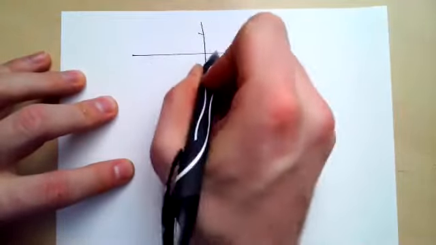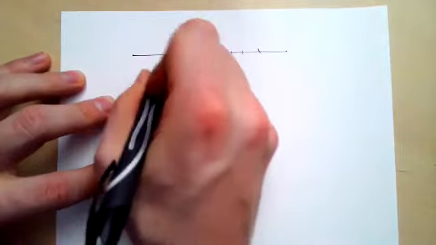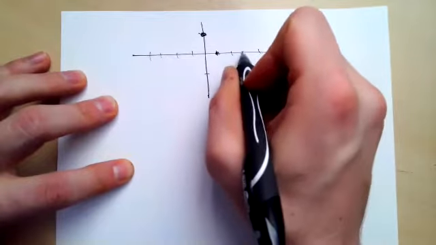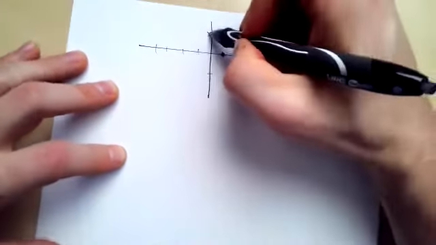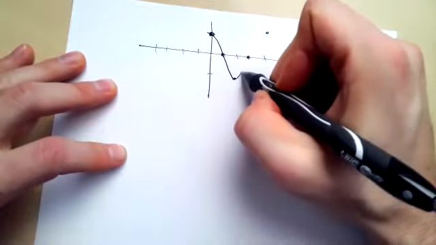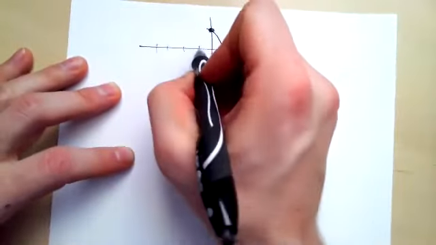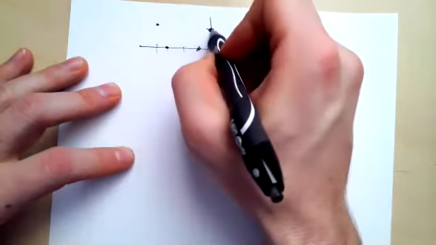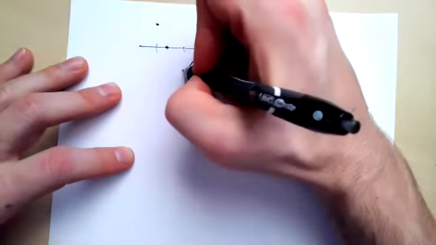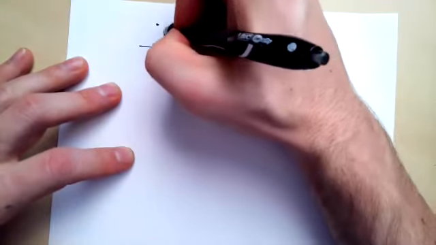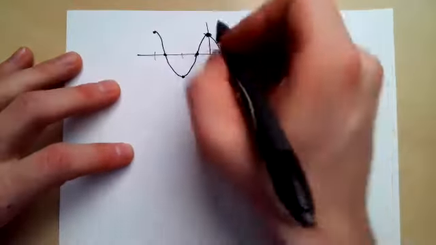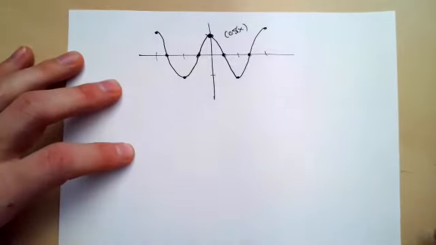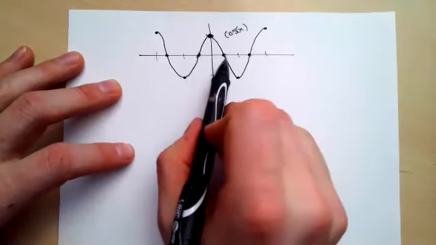So cosine starts at a peak, and it's going to alternate. And so again, we want to include quadrant 1 because cosine is positive there.